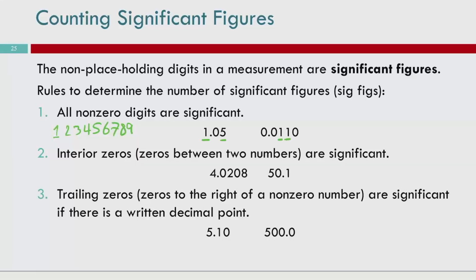Interior zeros between non-zero numbers, those are also significant. So we've got some interior zeros shown there. Those are also always going to be significant. Trailing zeros with a written decimal point are significant.